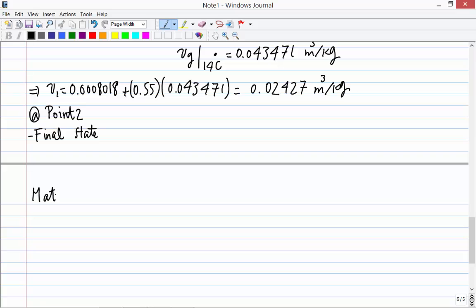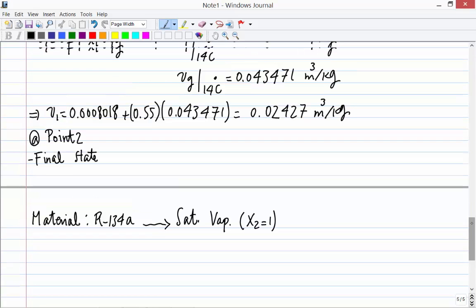So the material is R1. I'm emphasizing rewriting the material because you need that to make sure you are going to the right and correct table. At this point, I have a saturated vapor, which means x2 is 1.